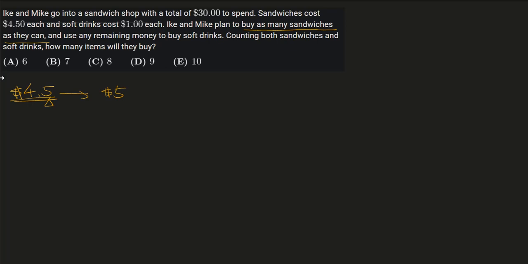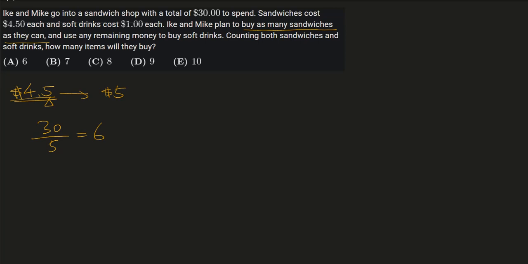But I think to round it up is slightly easier. So when we round it up to $5 and you have $30, right? Then how many sandwiches can you buy for a $5 sandwich? And in that scenario, you have 30 divided by 5, right? That equals 6. Therefore, you can buy a minimum of 6 sandwiches.